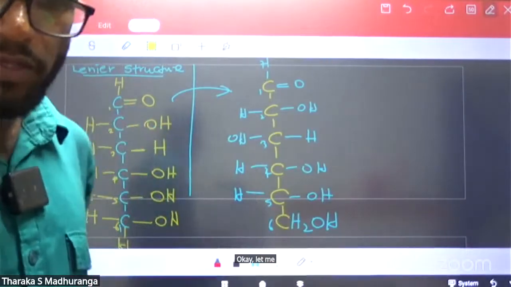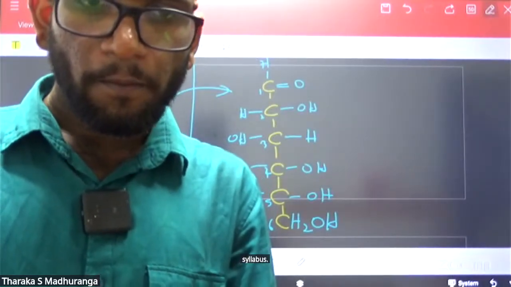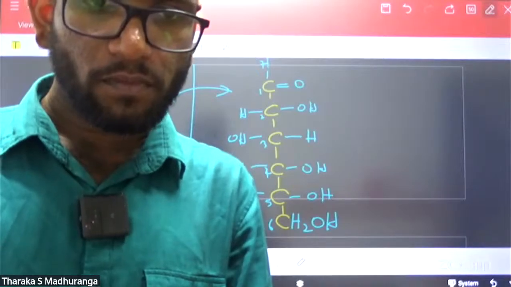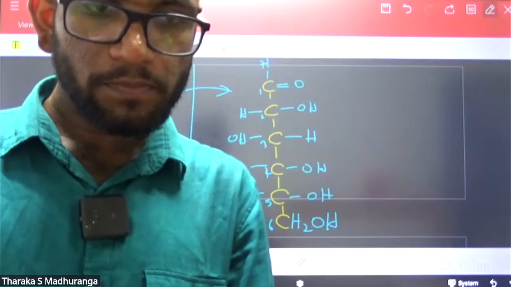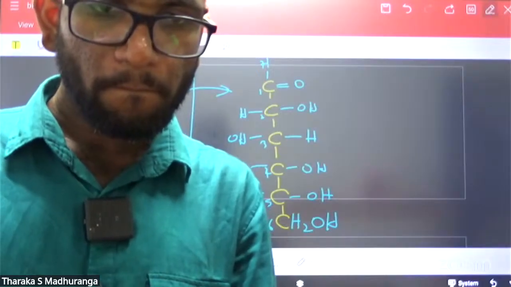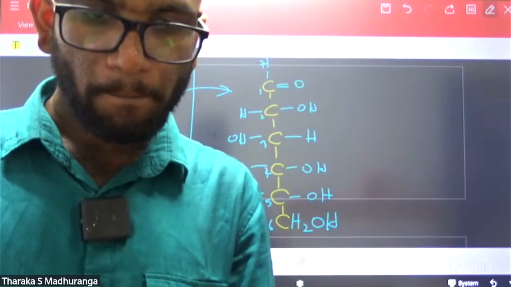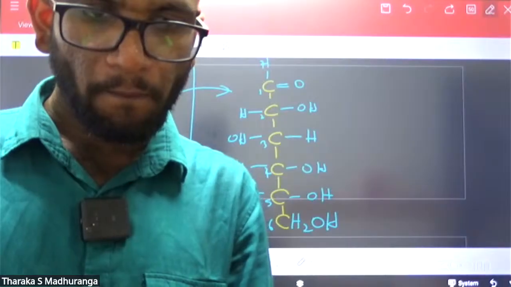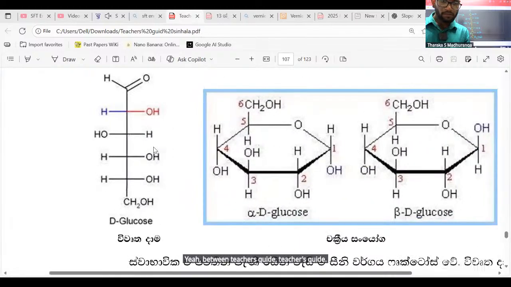Okay, let me share how they are given in the syllabus. Okay, this is your syllabus. Syllabus means teacher's guide. This is the glucose structure.